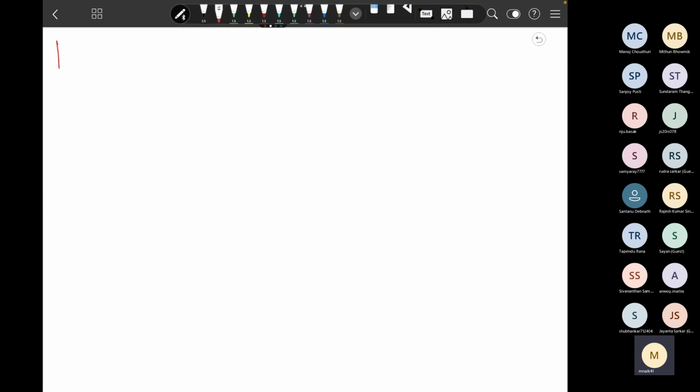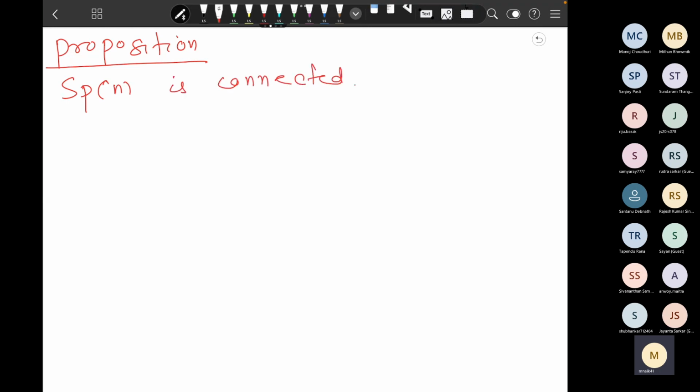Proposition: Sp(n) is connected. Proof: I will do it by induction on n.